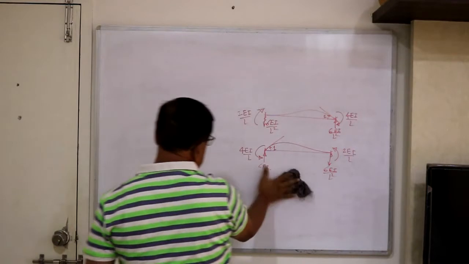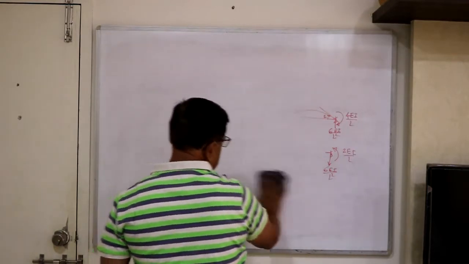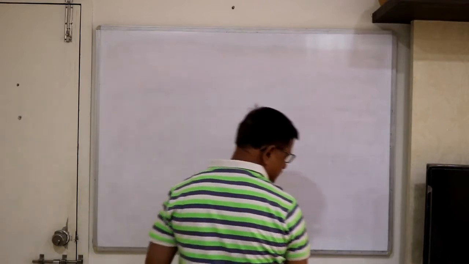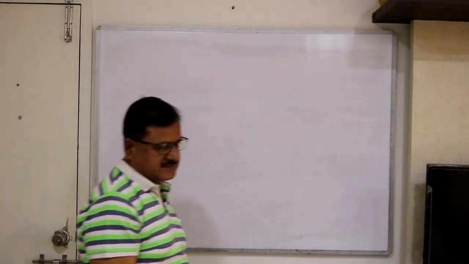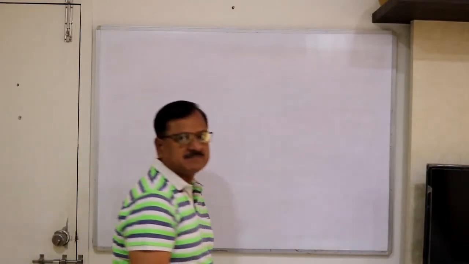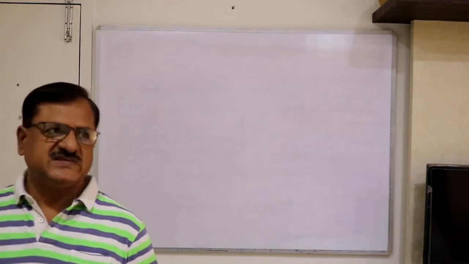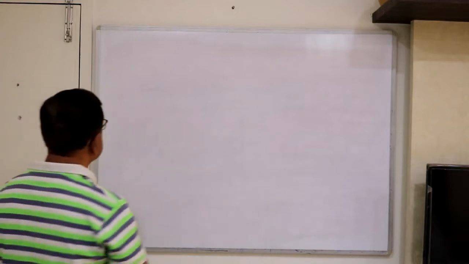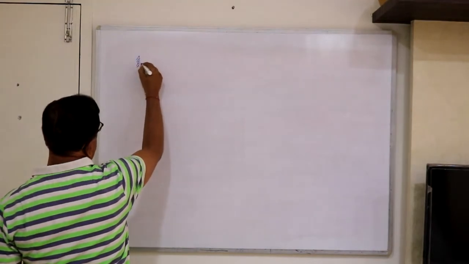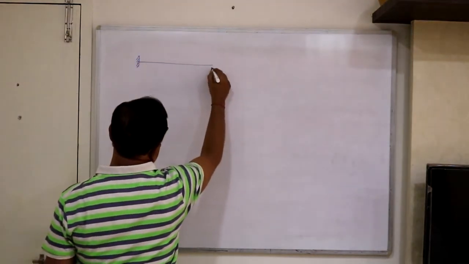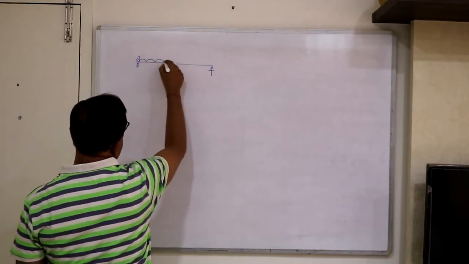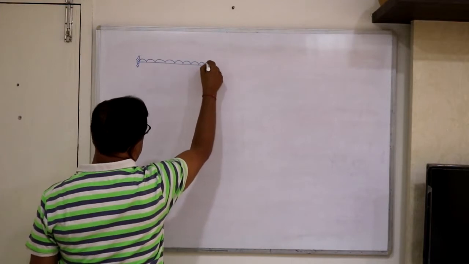We have already solved a few problems using the flexibility method. We will try to solve the same problems using the stiffness method. So let's consider a propped cantilever AB carrying UDL.